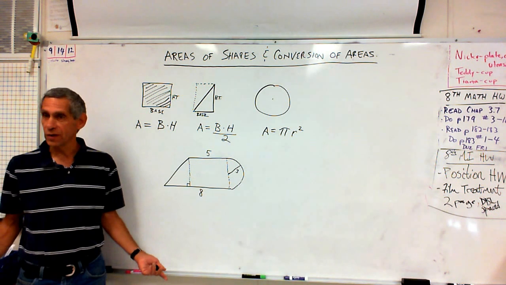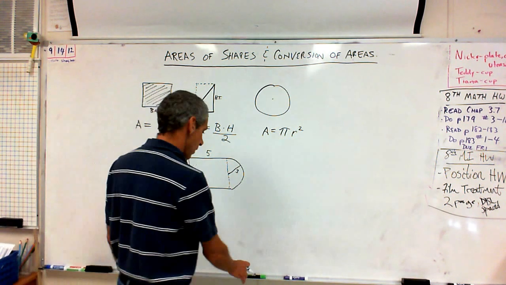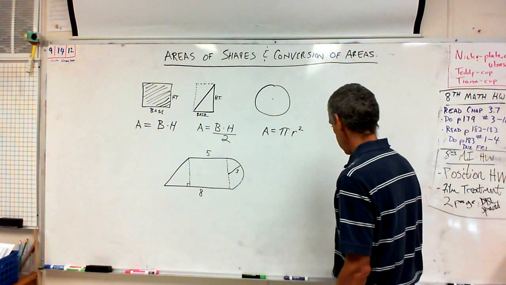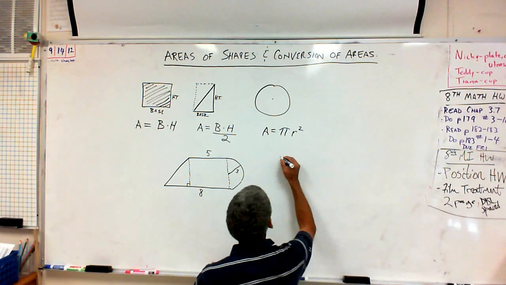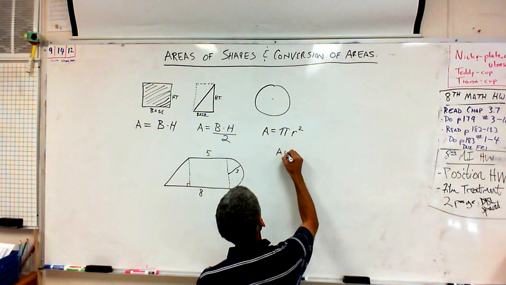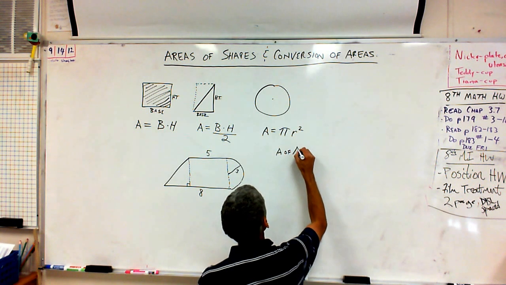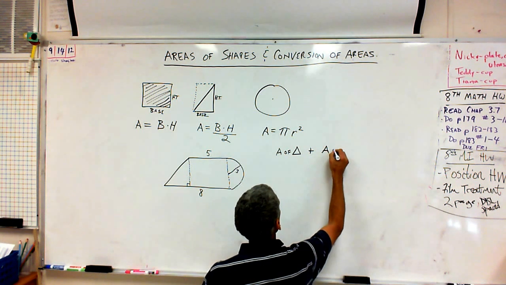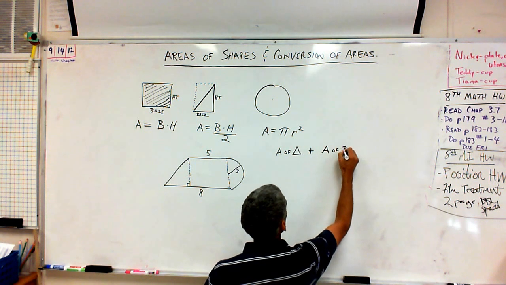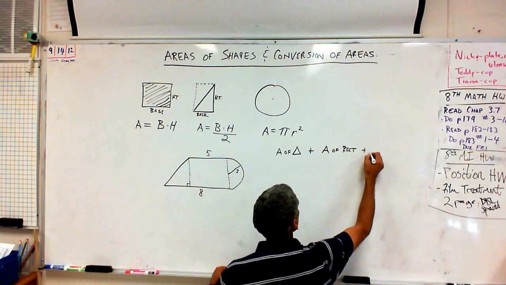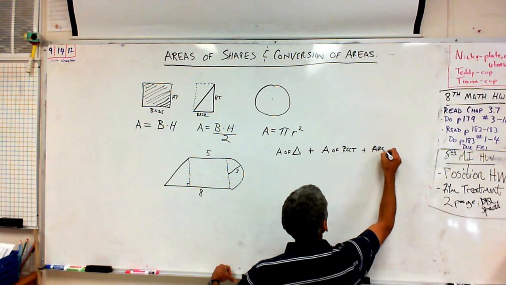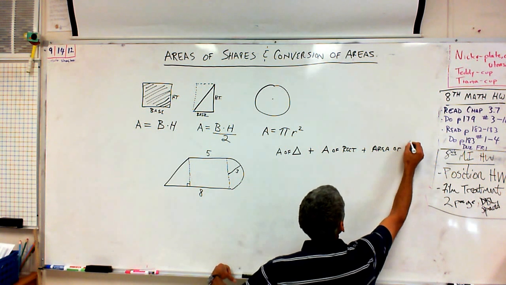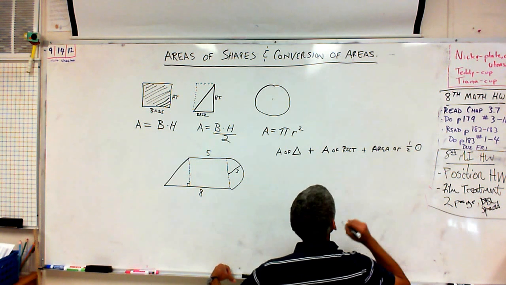So now if I want to find that area, I'm going to say the area of triangle plus the area of the rectangle plus the area of 1/2 of a circle, right?